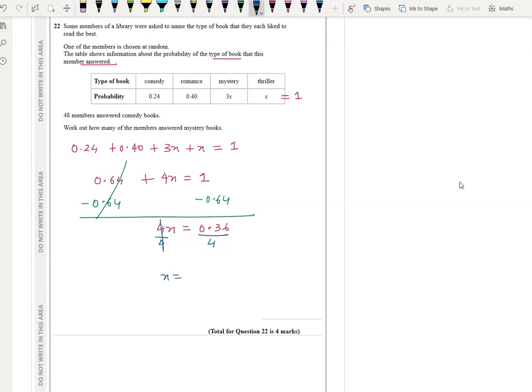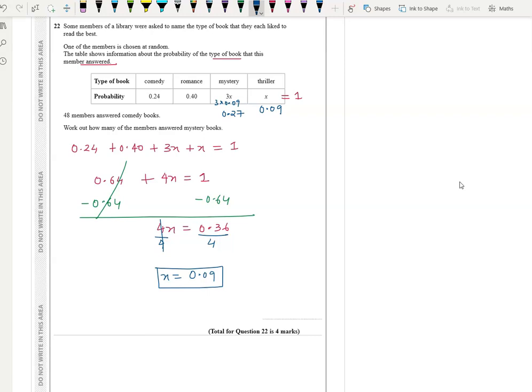So you get x equal to 0.09. I got the value of x. So the probability of thriller is 0.09, whereas mystery is 3 times 0.09. That will give you 0.27. So now I know the probability of each.